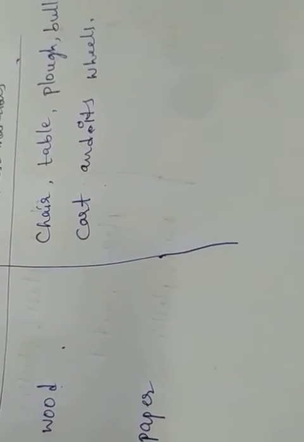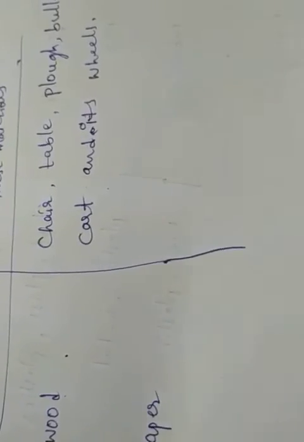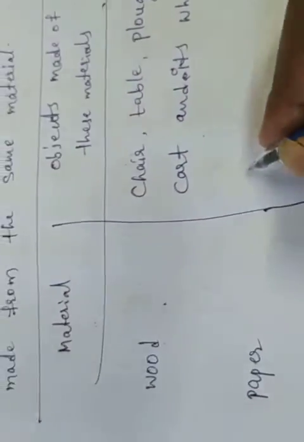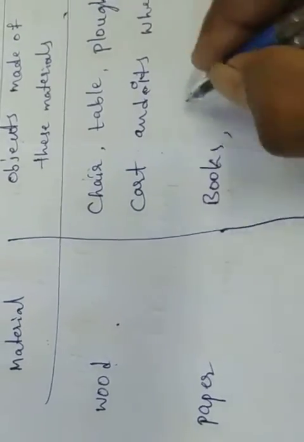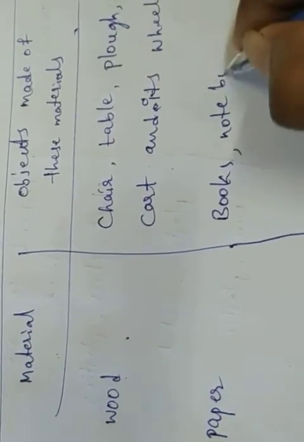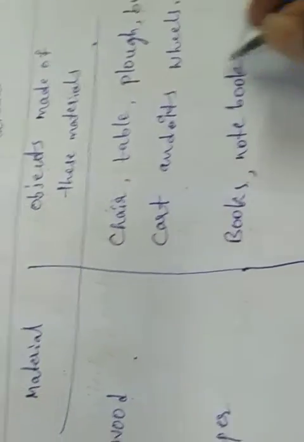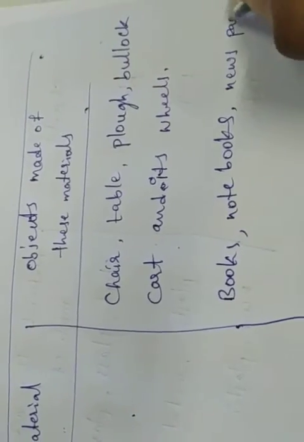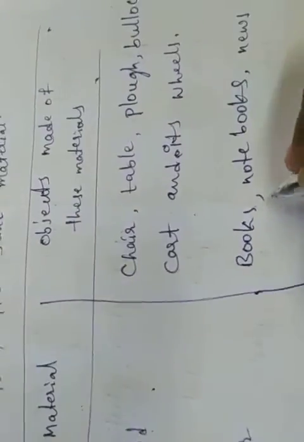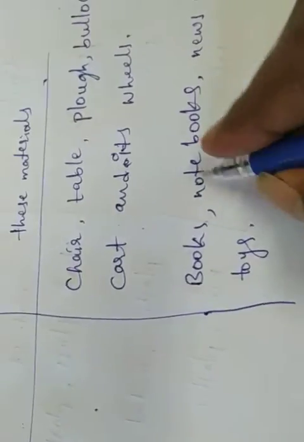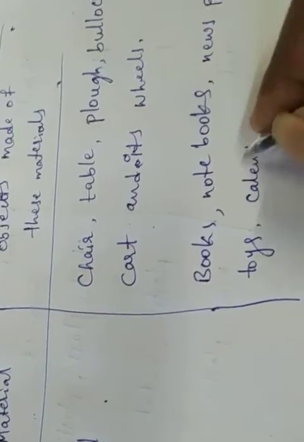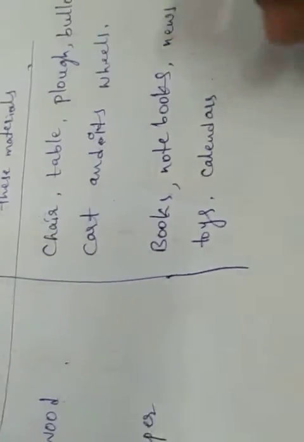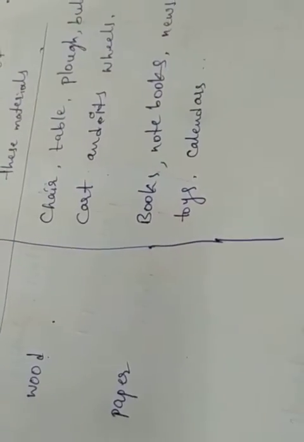Books are prepared from paper, notebooks, newspaper, toys, calendars, etc. With paper we can prepare these objects. The material is paper, and these objects are prepared from paper.